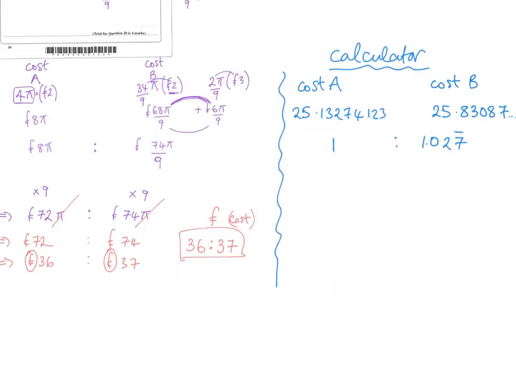If you were to do it the calculator method, then you'd end up with these particular figures on your calculator here. And what I've done in this case is given you an opportunity to find a unitary ratio.